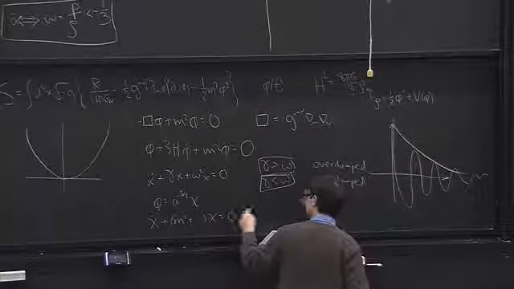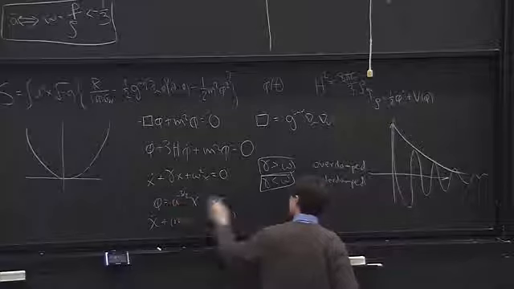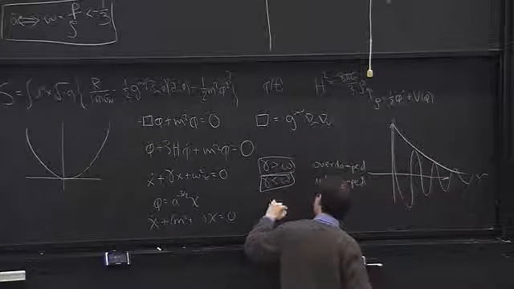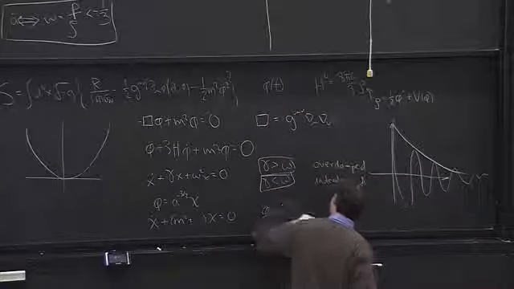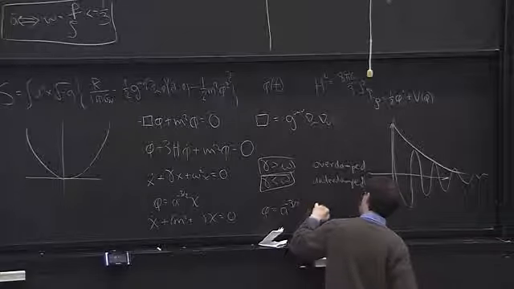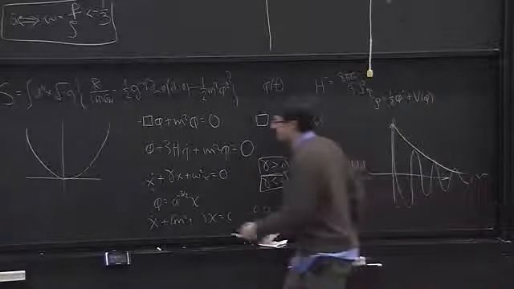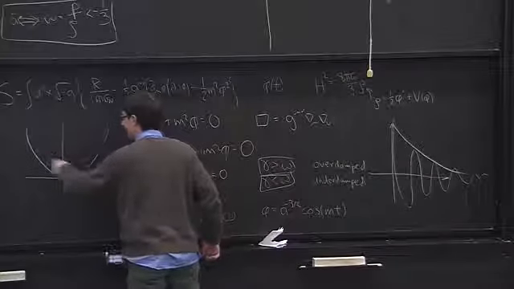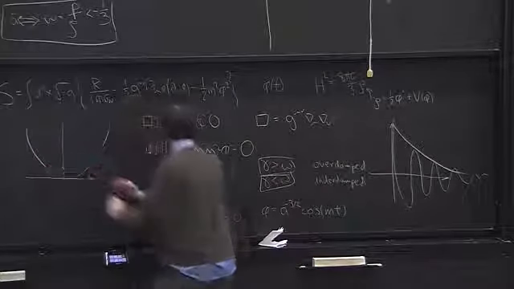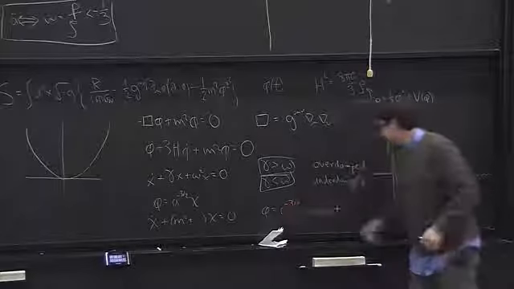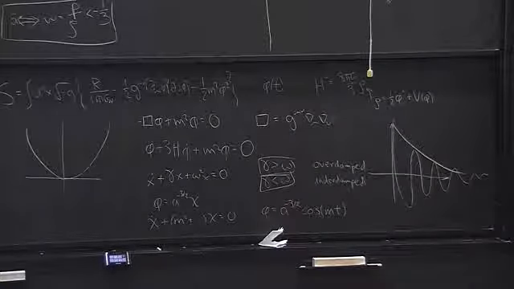So roughly speaking, the field phi behaves like a to the minus 3/2 cosine mt. It oscillates back and forth in its potential with frequency m, but with an amplitude that's gradually decaying away as a to the minus 3/2 as the universe expands.